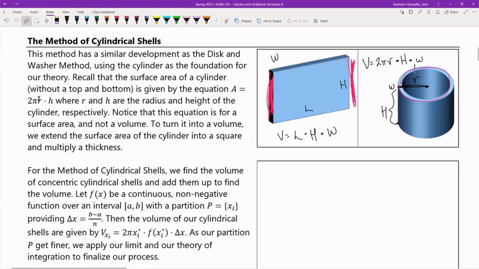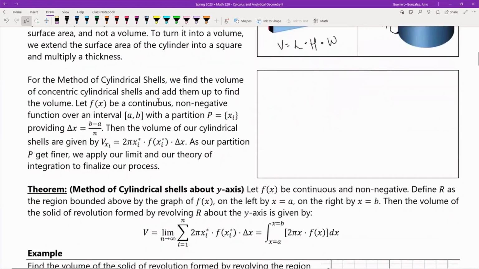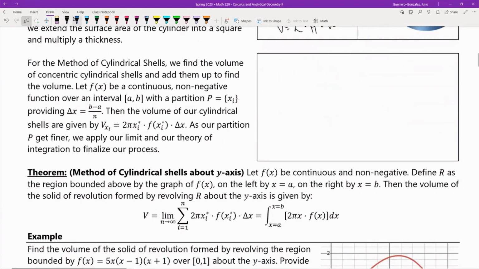Now, how does this fit for finding our volumes? Let me go down here. There's a blank space here now. Please don't judge me.